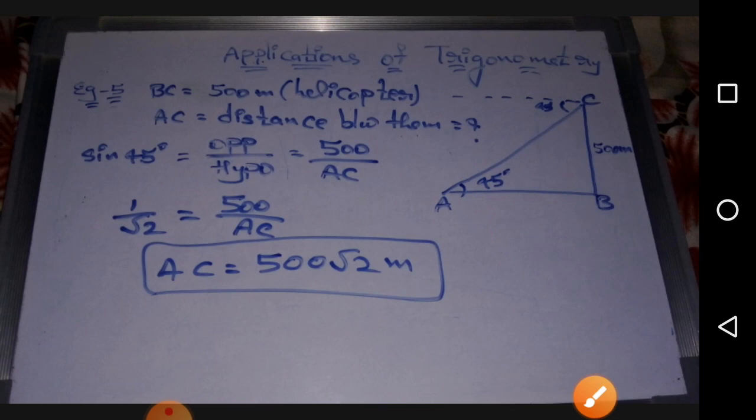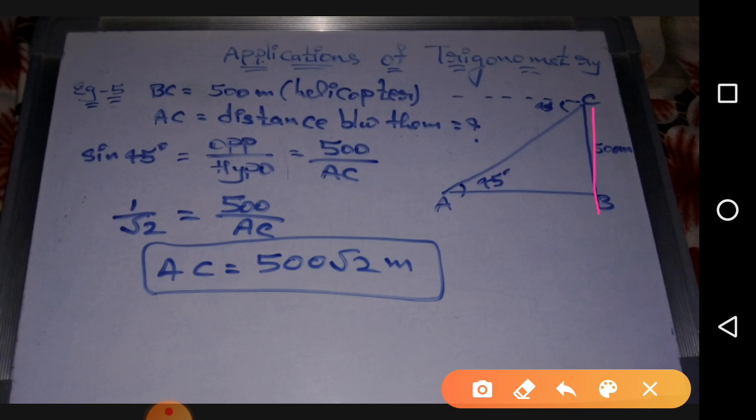One more piece of data which is given: this is a helicopter, and there is a person who is standing over here. The helicopter goes 500, and from there it makes this angle with the ground. You are asked to tell what AC is. AC is nothing but the hypotenuse.